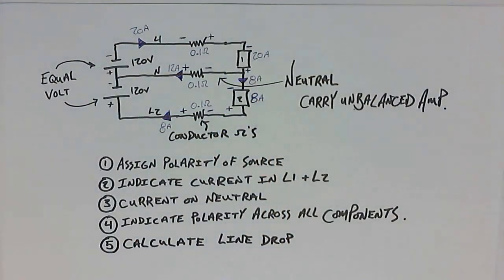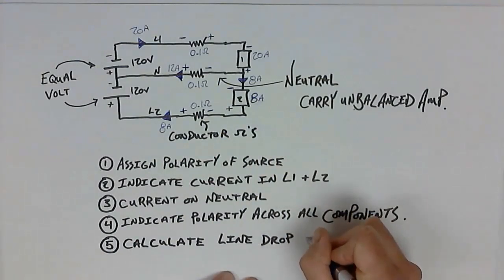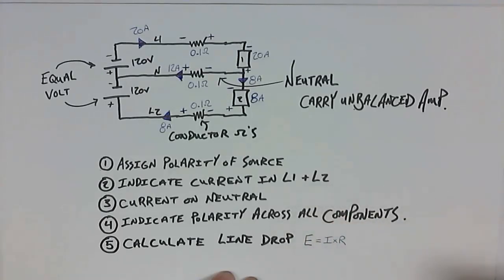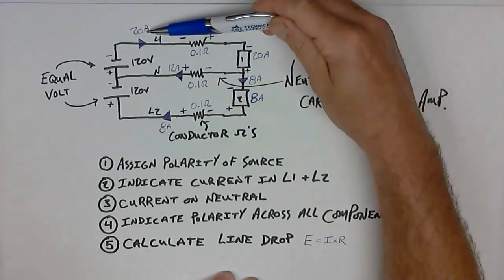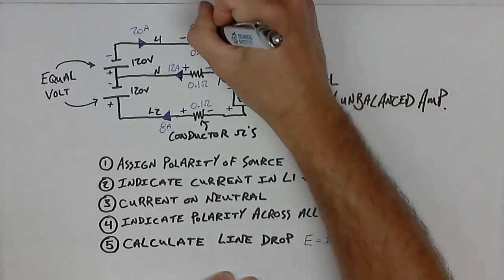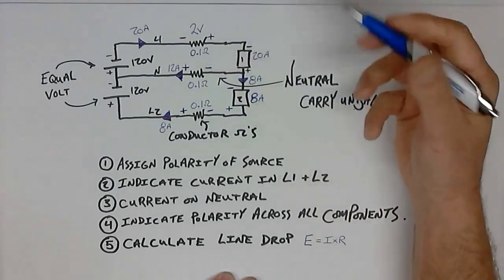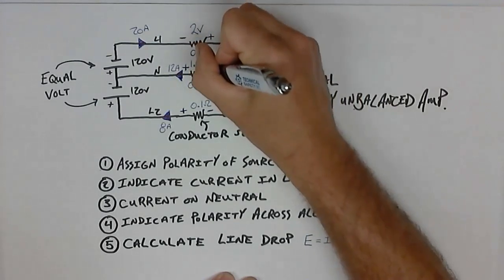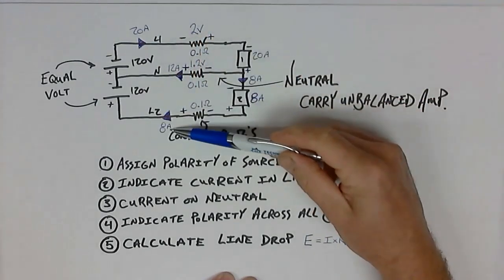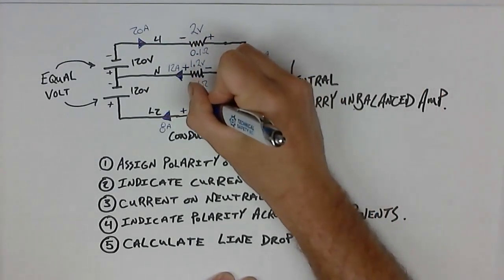Since we've got a really small value of ohms, all we're doing is using Ohm's law, E equals I times R. So 20 times 0.1 gives me 2 volts. 12 times 0.1 gives me 1.2 volts. And 8 times 0.1 gives me 0.8 volts.